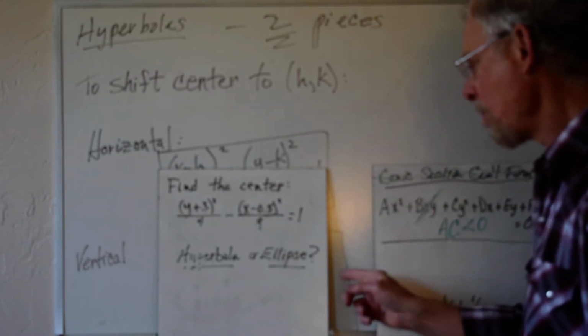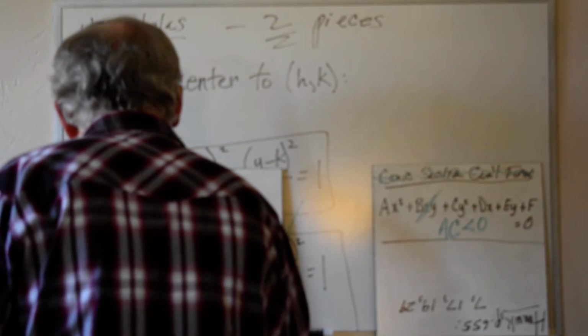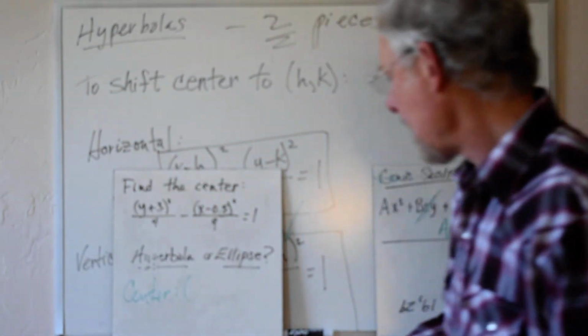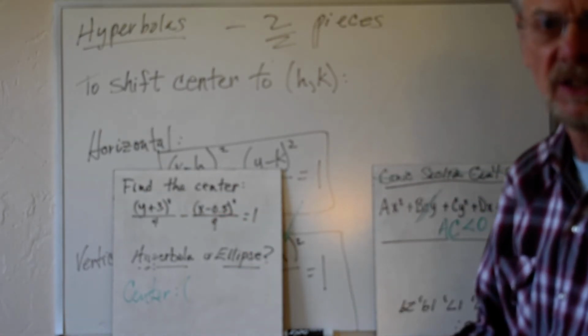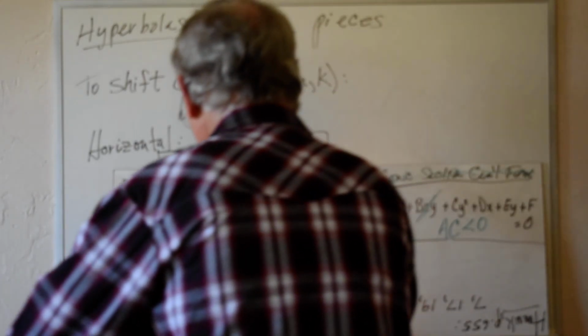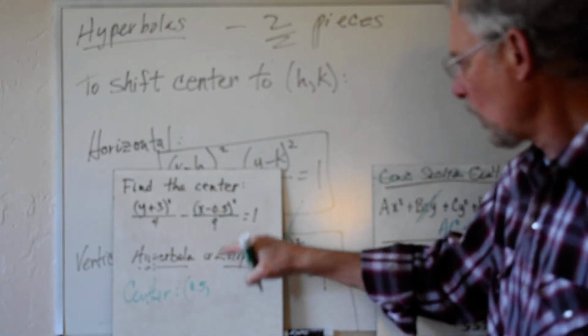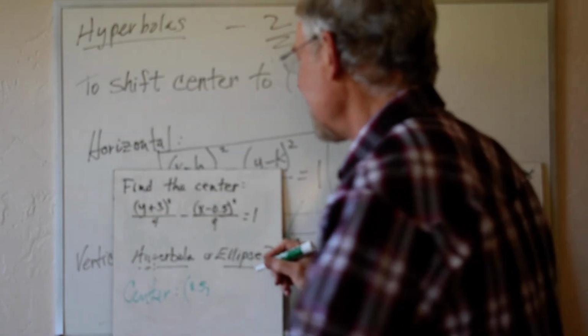Okay. You should see that the center is going to have that number, 0.5, as its x-coordinate. That is the number playing the role of h. For the y-coordinate, it's negative 3.